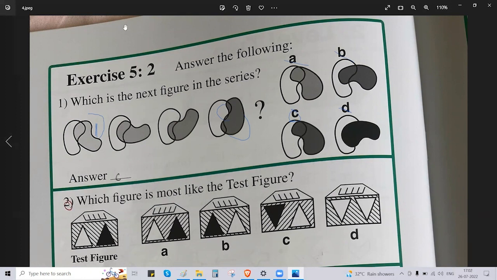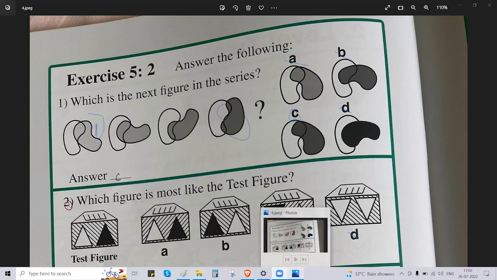First, it can't be D, definitely not D, because the shadings both have to be different colors, but these are white and upside down. It can't be C because one is upside down and one is upright. So now we have options A and D. The most similar one is, so it says the most like this test figure.